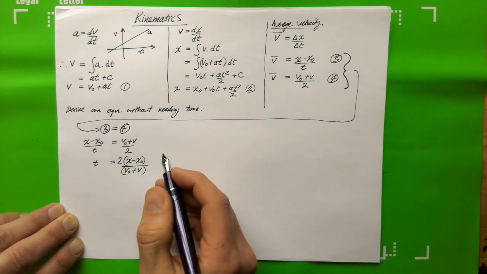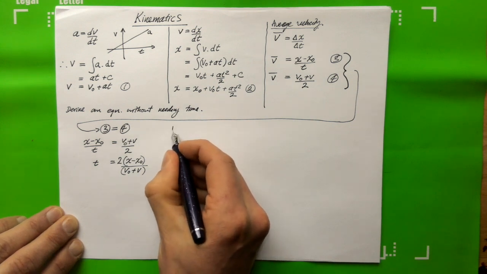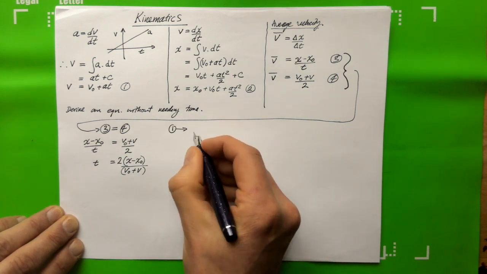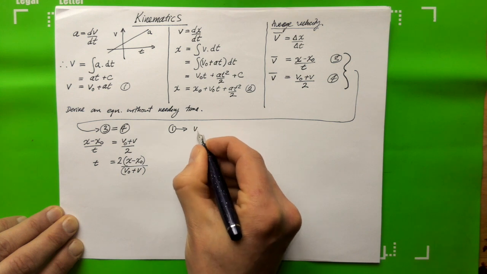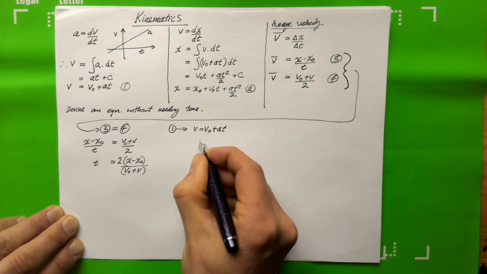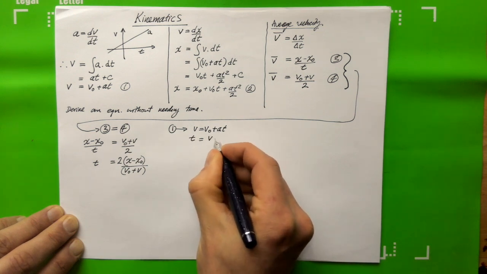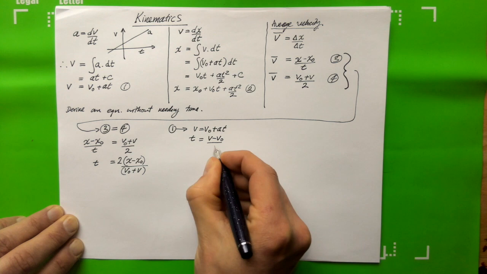Now let's combine that with equation 1. Let's just write down equation 1 again. v equals v0 plus at. So from this we can deduce that t must equal v minus v0 over a.